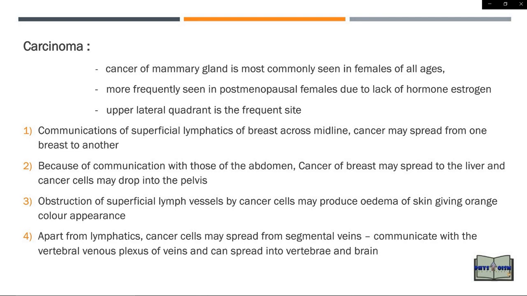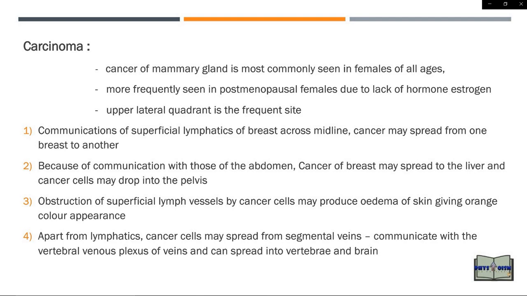Lymphatics are the common route which spreads cancer in the breast. See, the superficial lymphatics of the breast communicate across the midline, so cancer may spread from one breast to another.